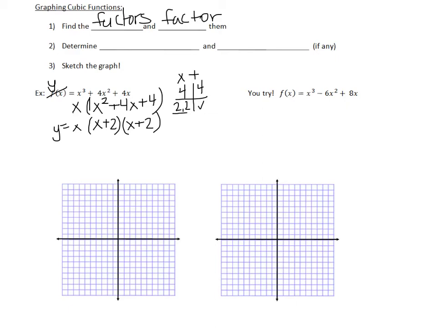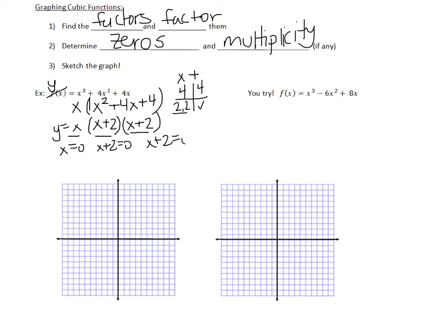Now that I've factored, I'm going to determine my zeros and my multiplicity, if any. So, zeros, setting each of my factors equal to 0, I have x equals 0, I have x plus 2 equals 0, and I have x plus 2 equals 0.